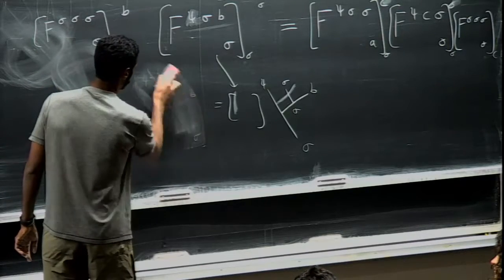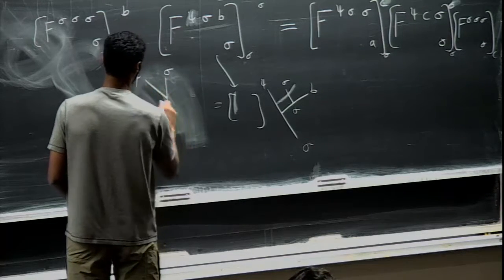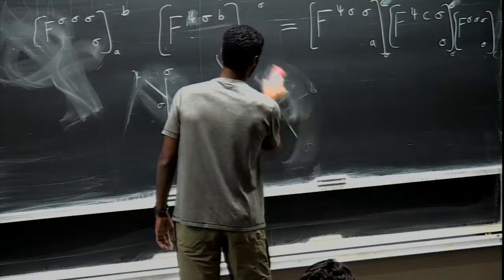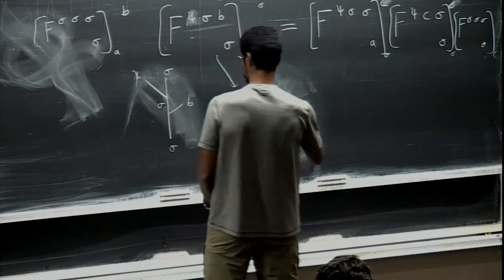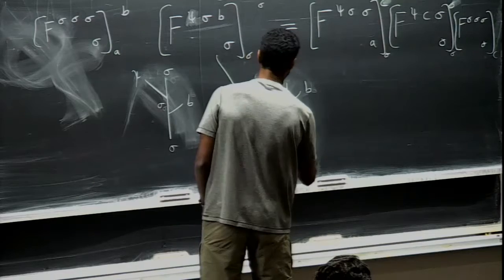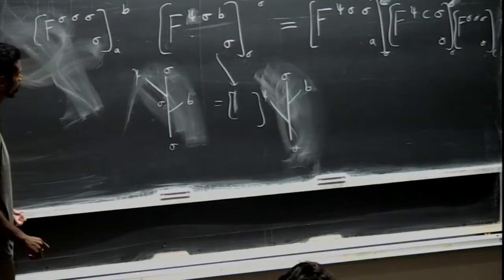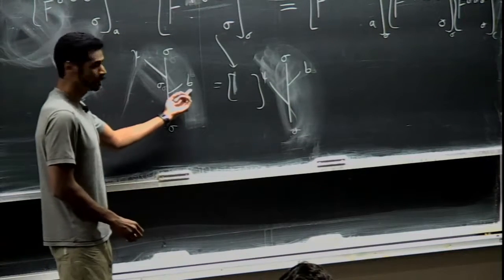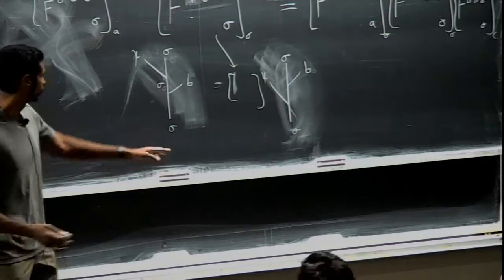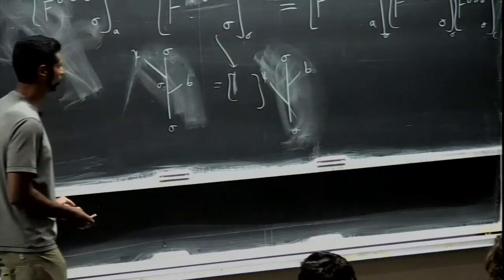And I'm going to redraw this to make it clearer. If B equals 1, this should obviously just be 1, because the 1 line you can just get rid of, right? 1 lines you can just, you don't even have to bother to draw them in principle.